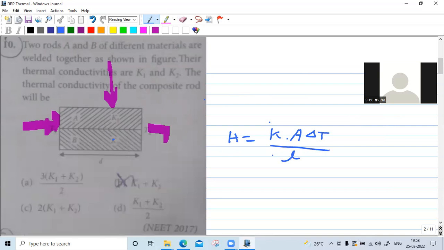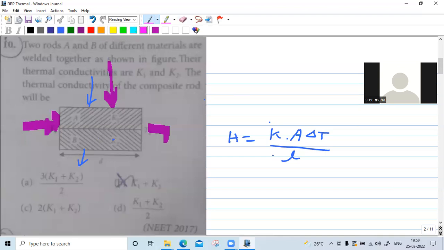So let me assume that the heat is flowing in the direction top to bottom. Whatever heat is flowing through A is the same heat current that's flowing through B. So H1 equals H2, right?